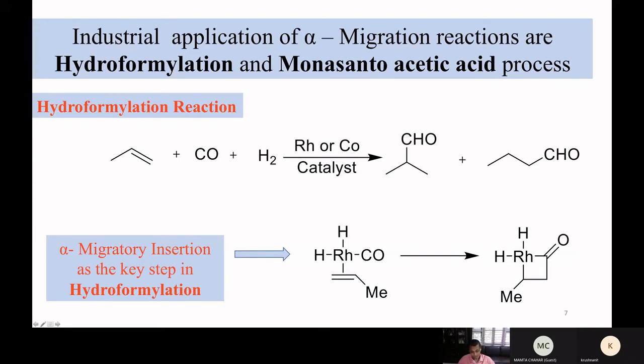Remember in the last 3 slides we were discussing this, where a small molecule is activated and the metal is inserted into the XY bond, right?